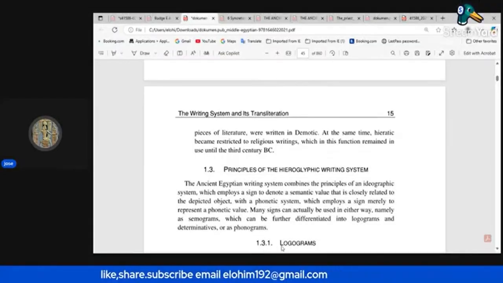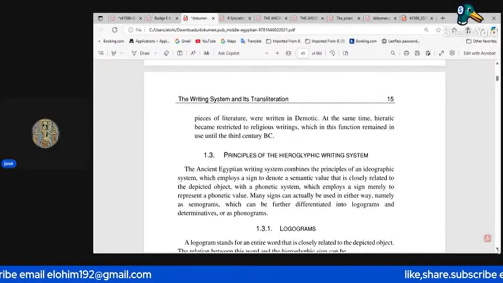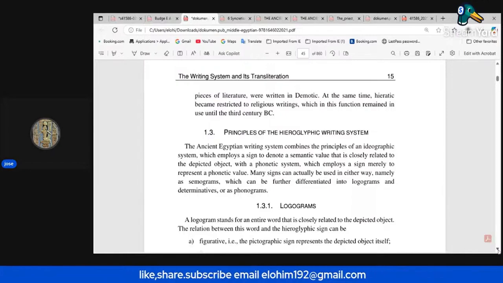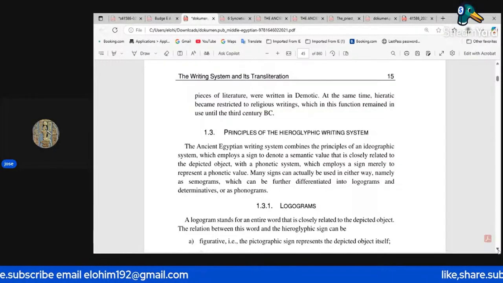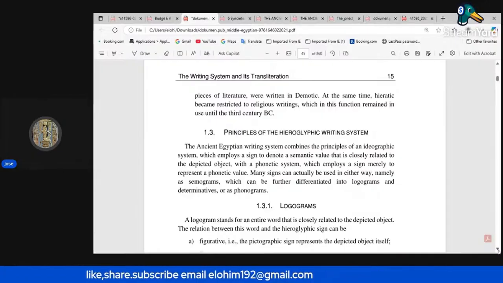Principles of the hieroglyphic writing system. The ancient Kemetic writing system combines the principles of an ideographic system, which employs a sign to denote a semantic value that is closely related to the depicted object, with a phonetic system, which employs a sign merely to represent a phonetic value or letter.